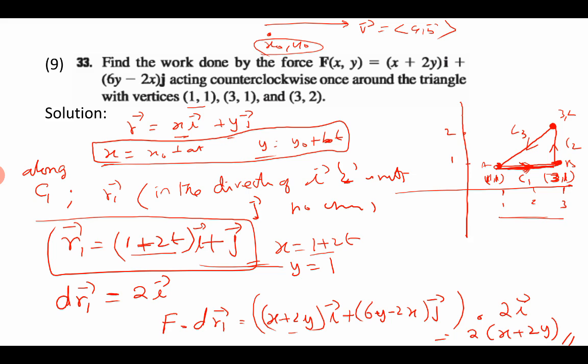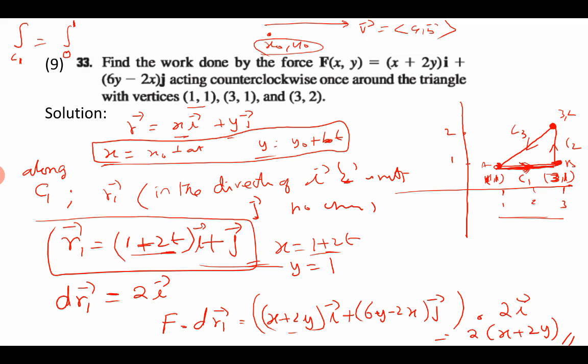So when x is substituted here, integral over C1 is integral t should be 0 to 1, assuming that t is 0 to 1, because when t is 0 you will get x in the beginning position, t is 1 you will get x in the end position.